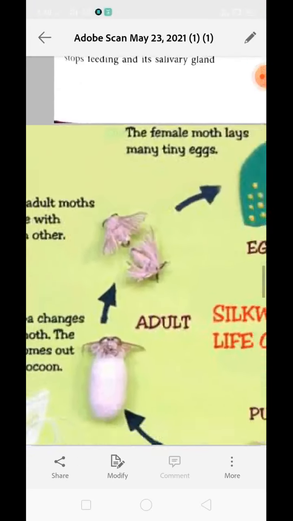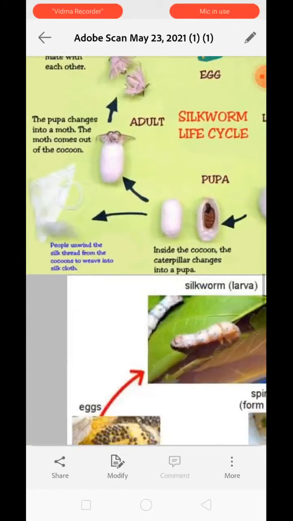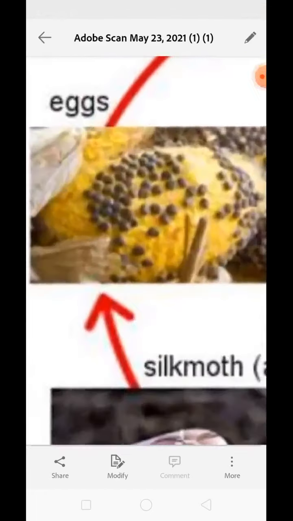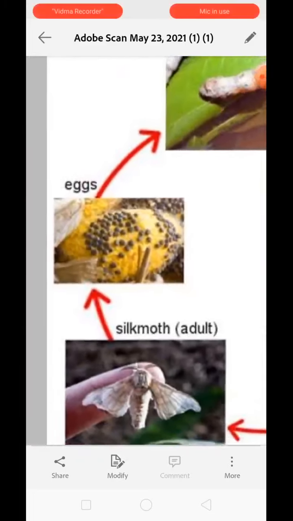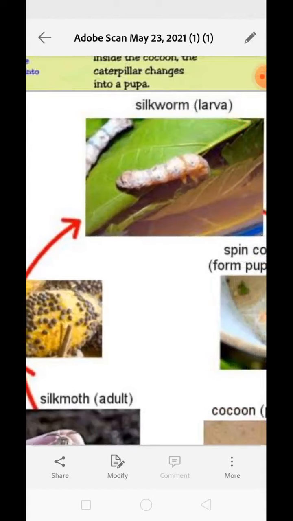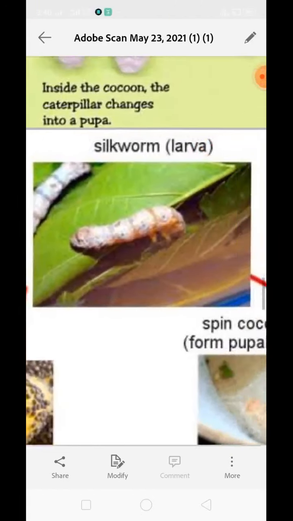This is the adult silk moth which lays hundreds of eggs. You can see it lays hundreds of eggs like this on the tree leaves where it lives. Later on, the larva stage, known as the caterpillar, comes out from the egg.